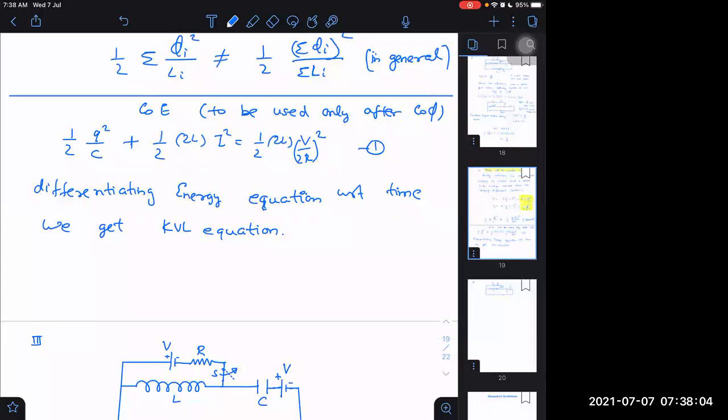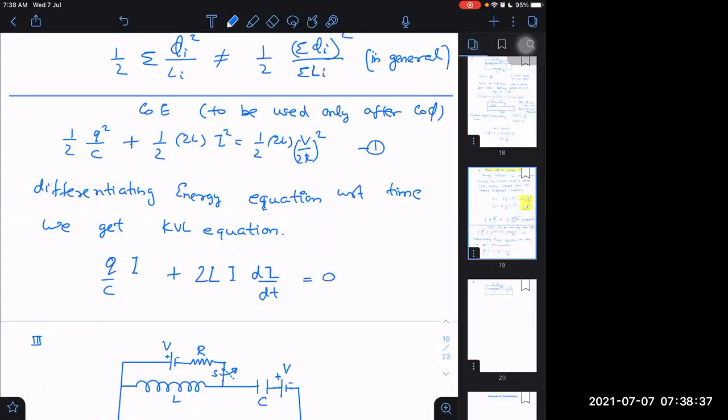So d of Q squared: the 2 comes down and the half cancels it. Then we get 2Q into I by C, plus half L into 2L into 2 I into dI by dt, is equal to 0.